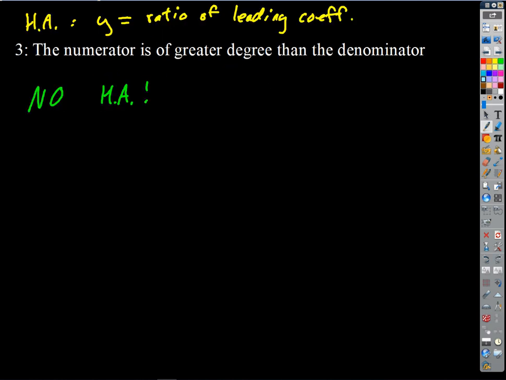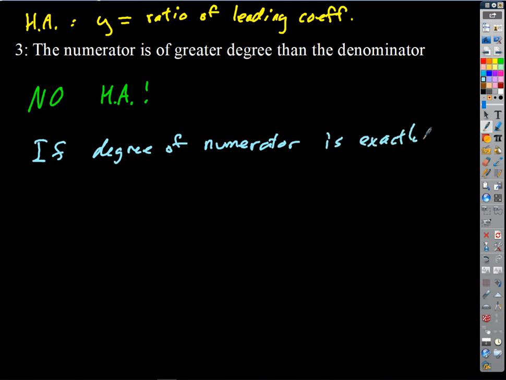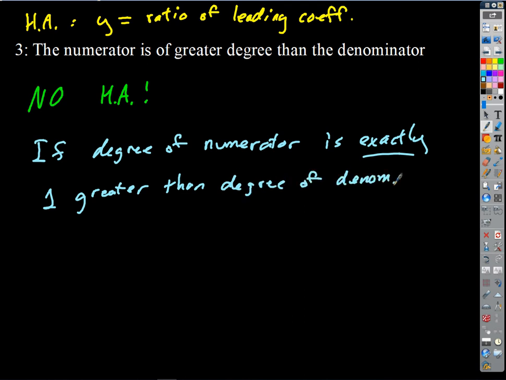So we get one special case here. If the degree of the numerator is exactly 1 greater than the degree of the denominator, then that tells us that we're going to get a slant asymptote.